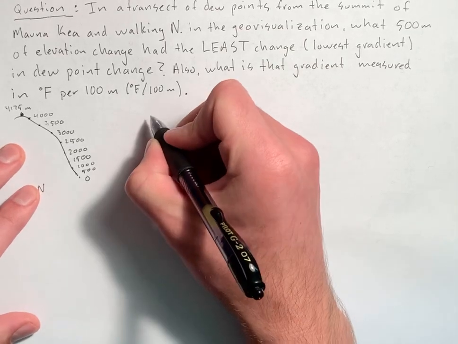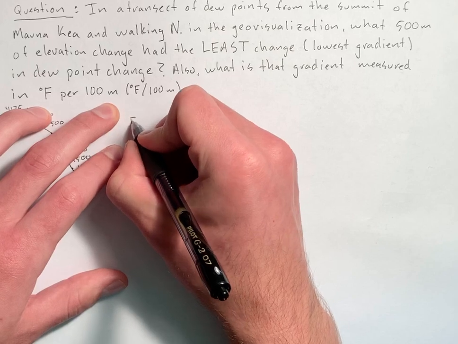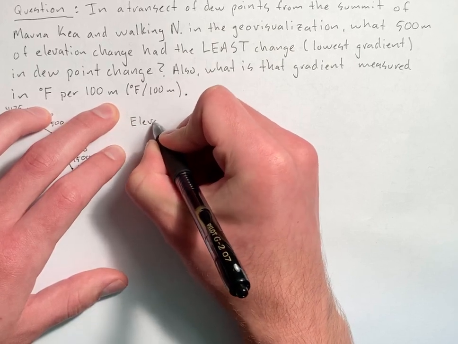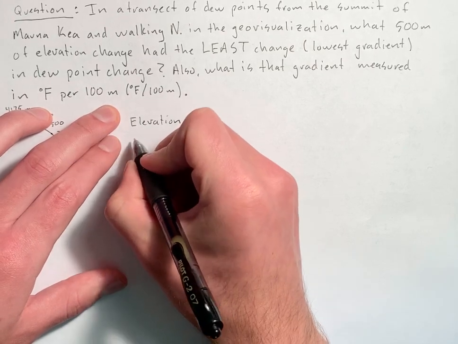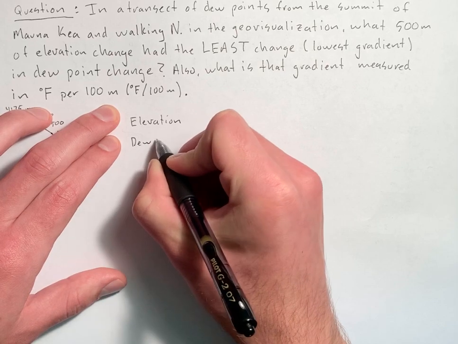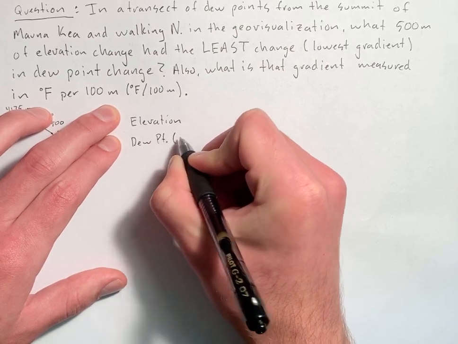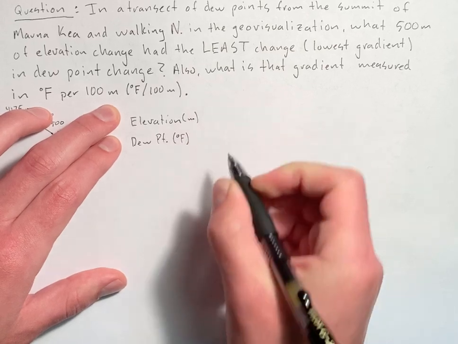So we need to record our elevation, we need to record our dew point, which is in degrees Fahrenheit, and elevation is in meters.